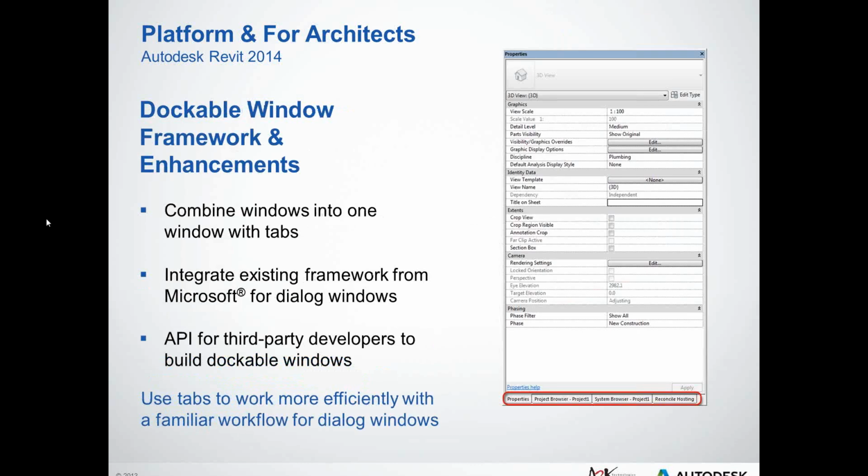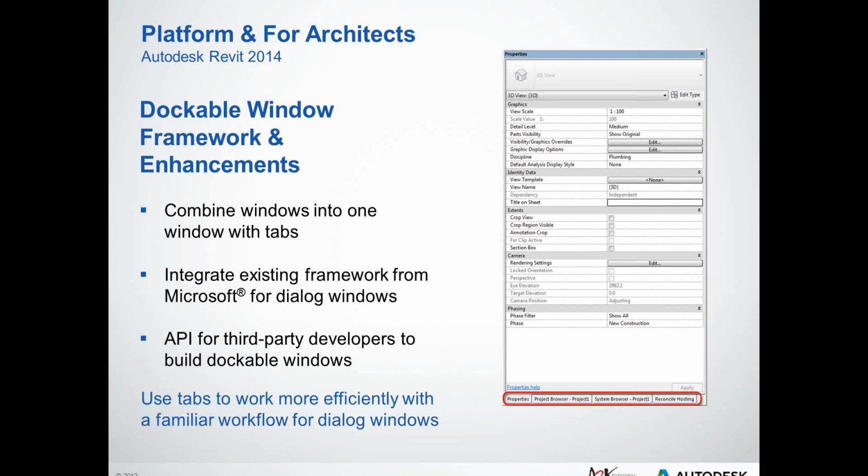The properties palette and the project browser, the system browser, and the reconcile hosting window are now actually dockable on top of each other. So you can see in this image on the right-hand side there that we now have tabs down the bottom there. So that way we don't have to have the windows sitting side by side.